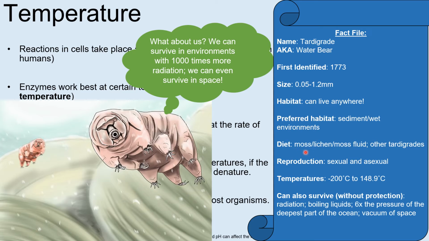Depending on the species, some will eat moss, lichen and moss fluid, and some eat other tardigrades, so they are cannibalistic. Reproduction again depends on the species, but they reproduce sexually or asexually. Temperatures they can live in range from minus 200 degrees Celsius to 148.